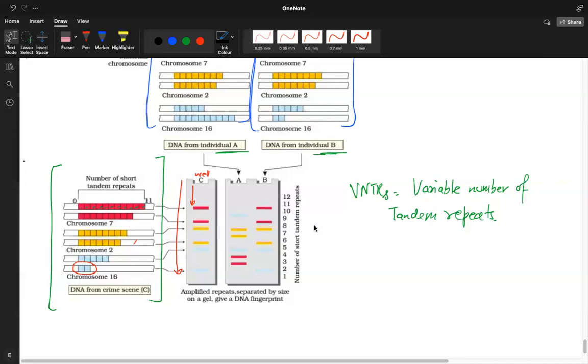Most of the tandem repeats will be the same as your parents. So this is how DNA fingerprinting works. It has a very wide application in population genetics, understanding diversity in species, and also to solve criminology and forensic cases, and for paternity and maternity claims.